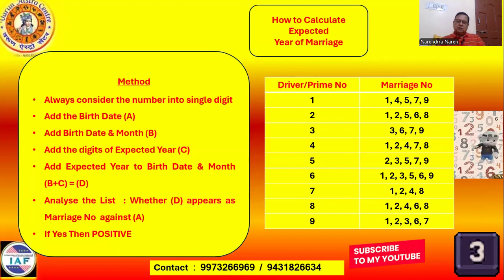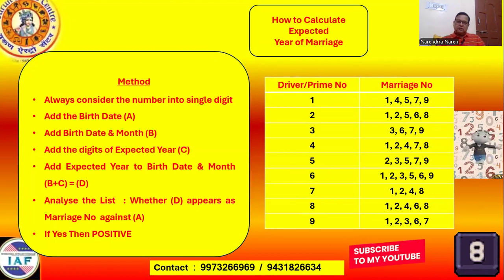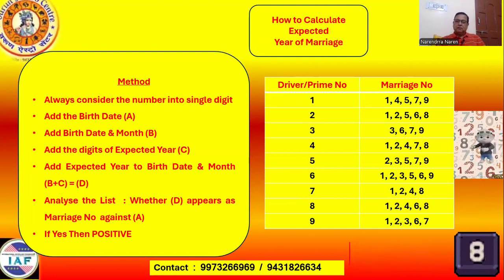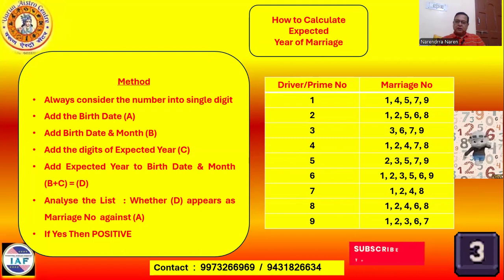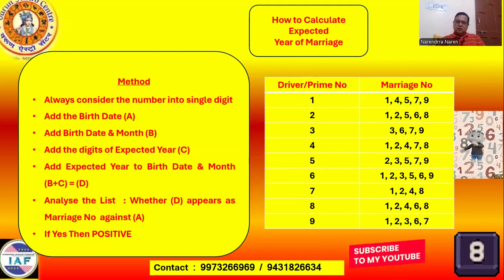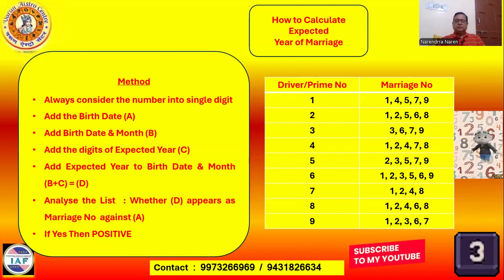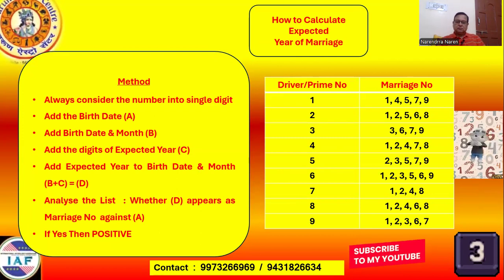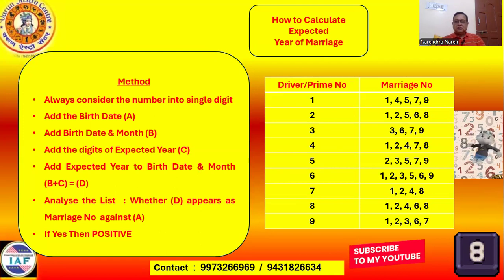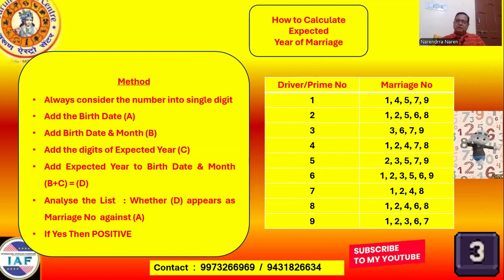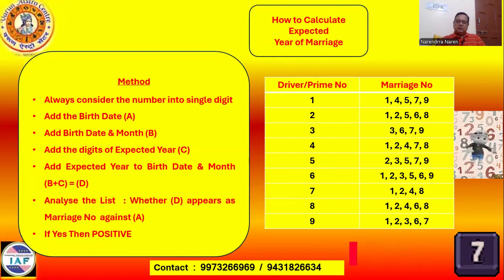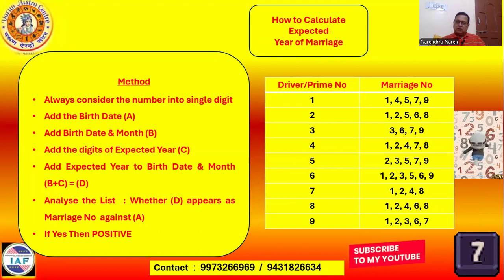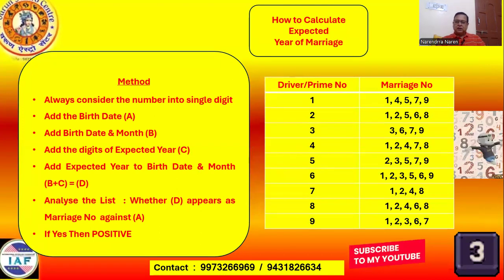After this, add the date and month of the birth data and the expected year together, so B and C are added together and converted into a single digit. Now here is a chart with the driver or prime number and the marriage number. The driver or prime number is the sum total of the birth date.